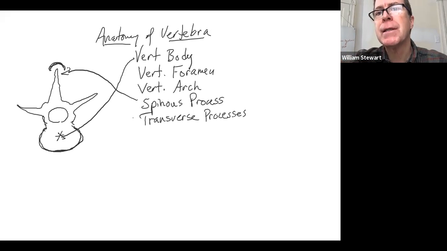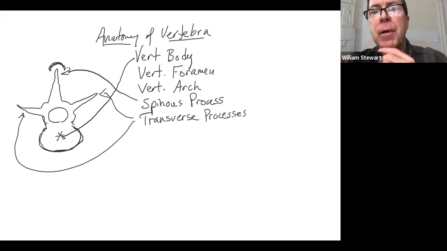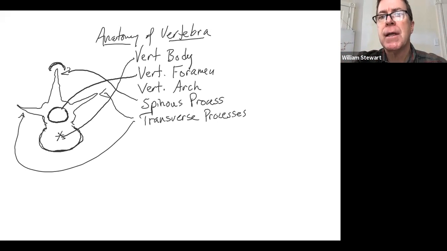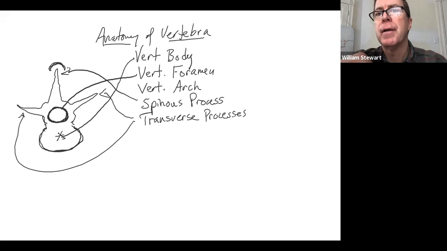The transverse processes stick off left and right. And I exaggerated them a little bit in my drawing. They typically aren't that large. The vertebral foramen means hole, is this big hole that runs through the center of the vertebrae for the spinal cord. And this term, vertebral arch, just refers to this part of solid bone.